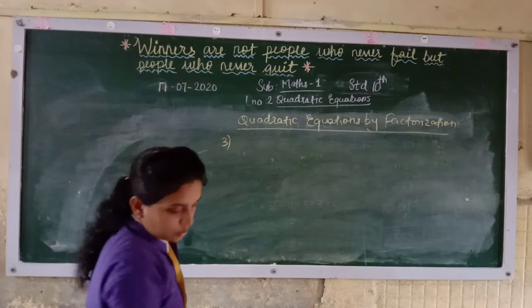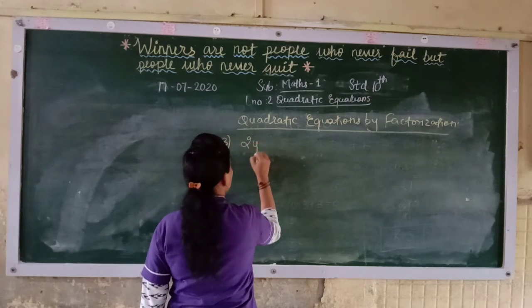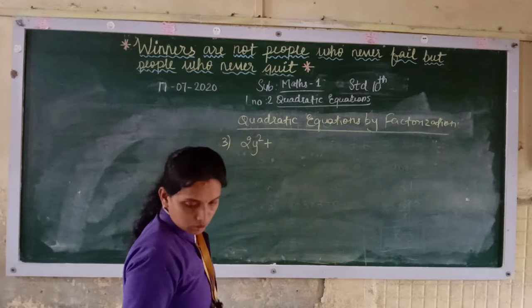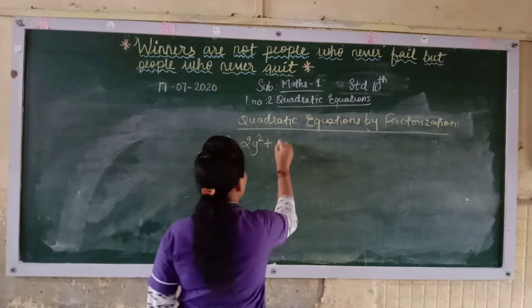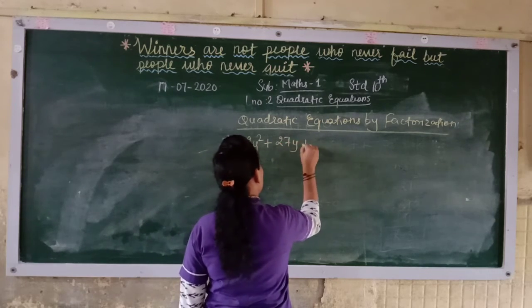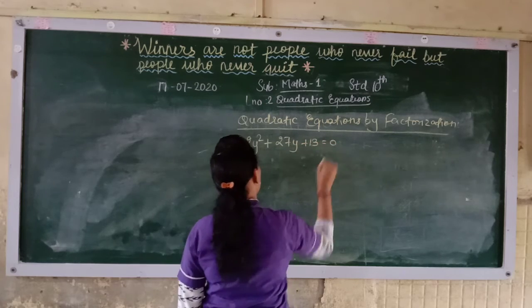See, here it is 2y square plus 27y plus 13 is equal to 0.